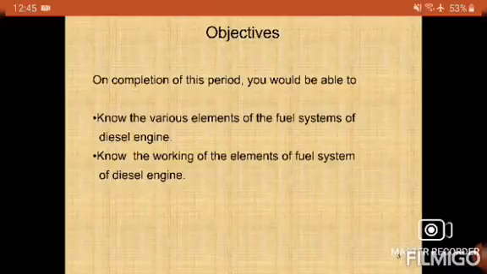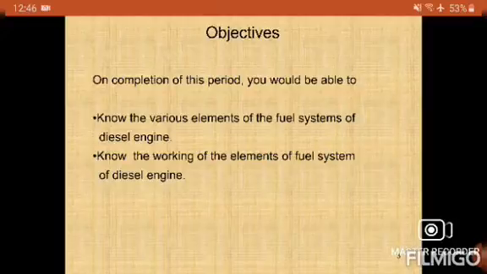The fuel is sent to the engine cylinder in the form of a spray, not in liquid form. A number of elements supply the fuel from the tank to the engine cylinder in diesel engines.